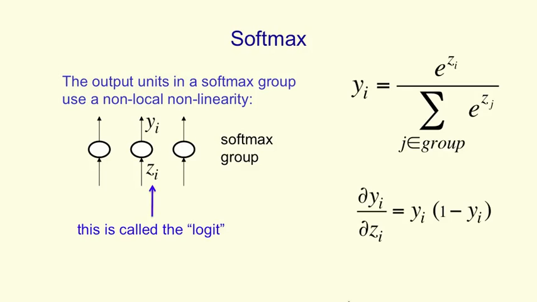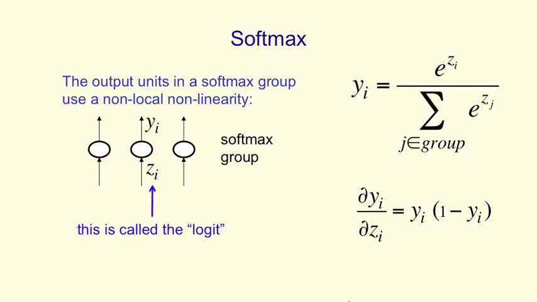The softmax equation has a nice simple derivative. If you ask about how the yi changes as you change the zi, that obviously depends on all the other z's. But then the yi itself depends on all the other z's.